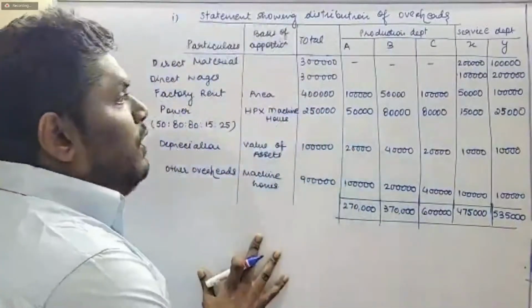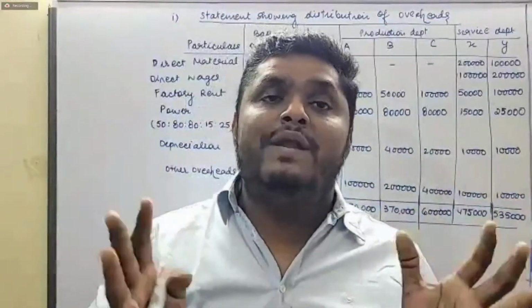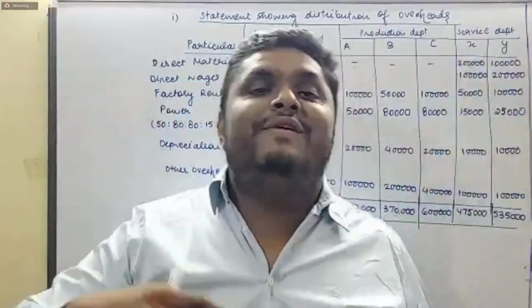So this is what we call primary distribution, wherein we distribute the overheads that are incurred as a whole to the various production departments and service departments.